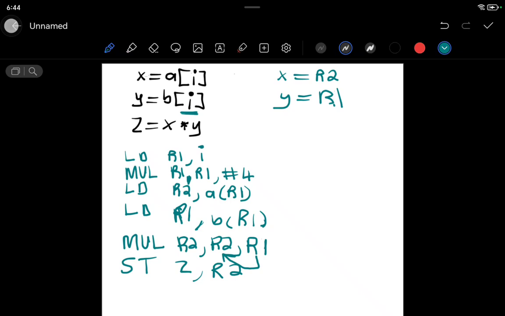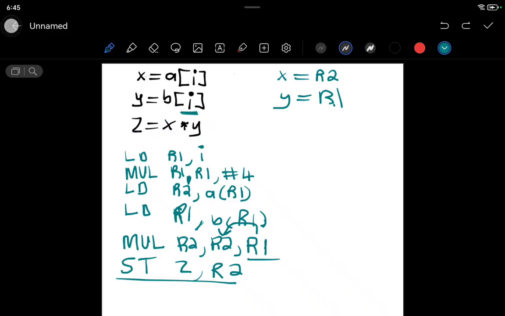So we say that now, remember here I loaded the quantity of X into R2, right? Then I loaded the contents of Y into R1. So here it means that I can go like this and say X comes first, so I'm going to multiply R1 with R2, and then I store this into R2. At the end I store all this into Z.